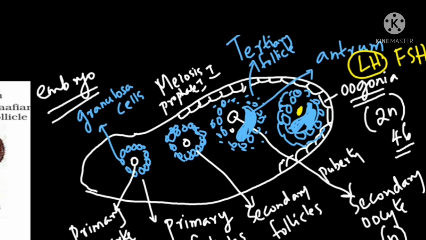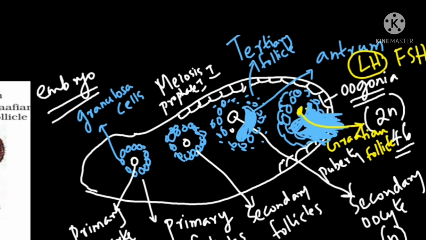So after the tertiary follicle, the follicle that comes is called the Graafian follicle. Because of the production of LH hormone, the Graafian follicle will rupture. They will break. After they break, this secondary oocyte, it did not become an ovum till now, will come out.